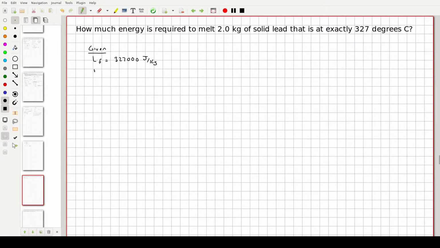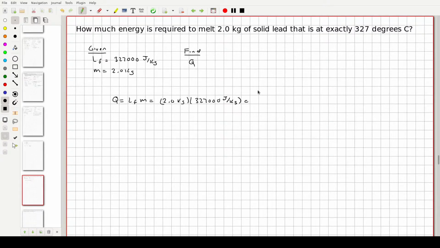Now, how much do we have here? 2.0 kilograms. What are we trying to find? The heat. So here, Q is just equal to L sub F times M, or 2 kilograms times 327,000 joules per kilogram.